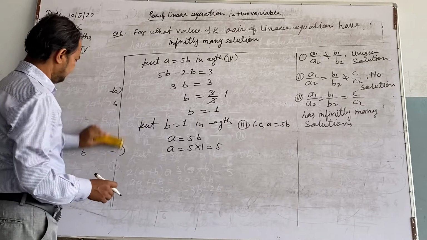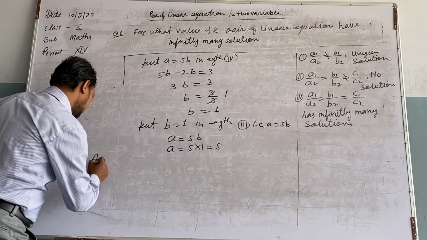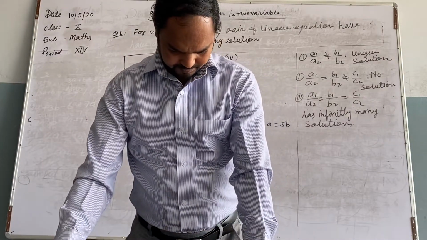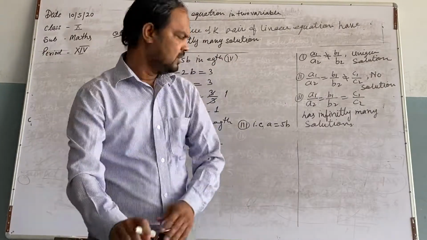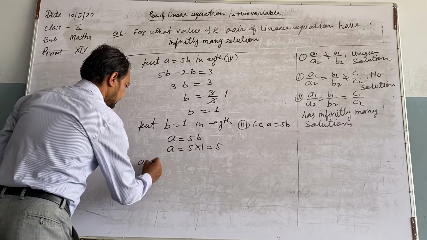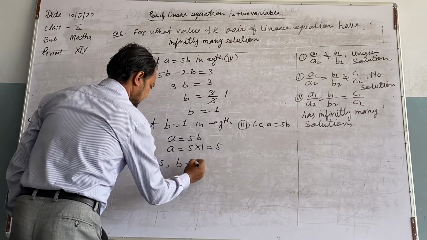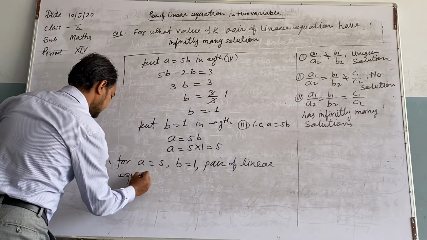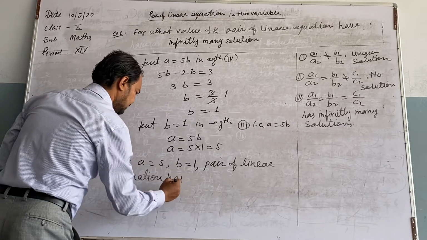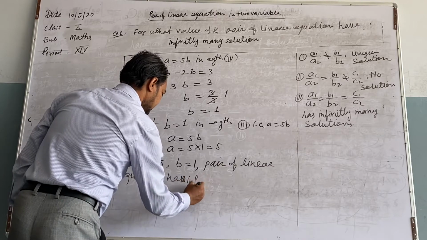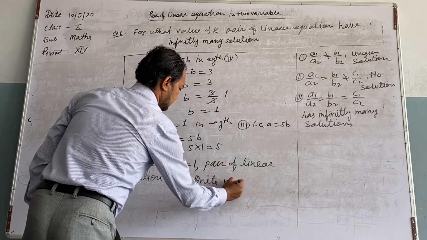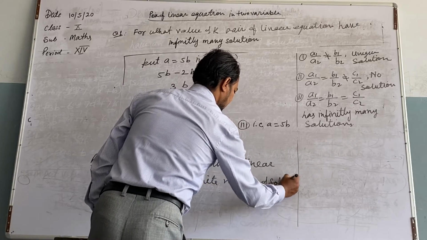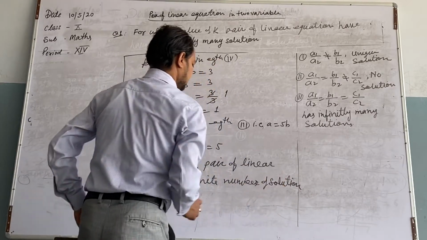So as the answer we can write that for a equal to 5 and b equal to 1, the pair of linear equations has an infinite number of solutions, right?